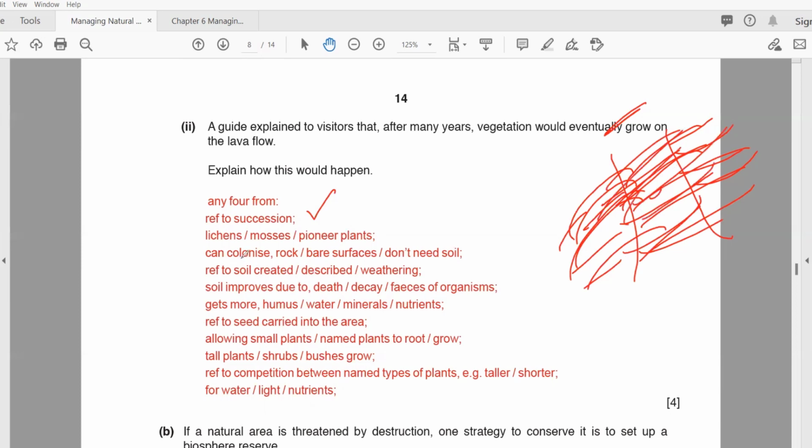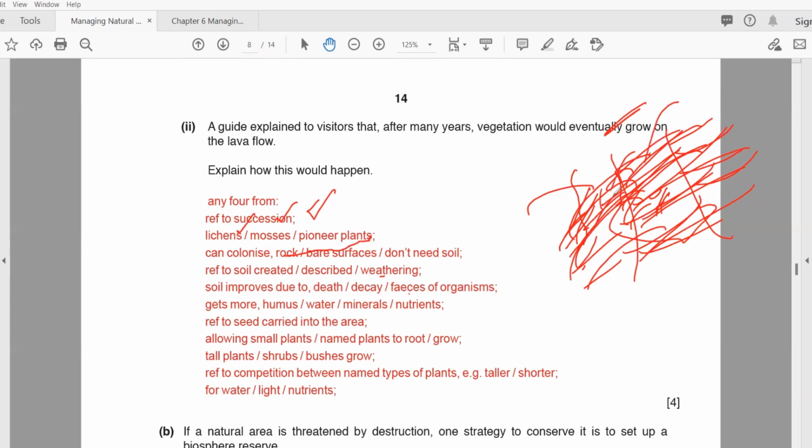After that, you have special plants like lichens, mosses, pioneer plants. These types of plants can colonize rocks. Here the rocks can form, and even in the rocks you can find some plants. After that, as I told you, due to weathering the rocks start to break down. Soil improves due to the death and decay of organisms.